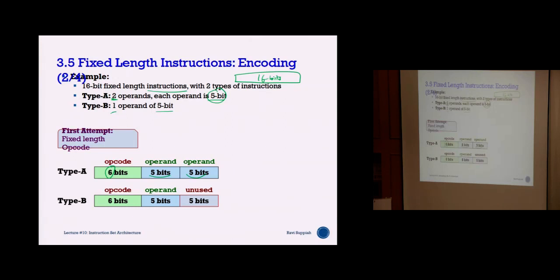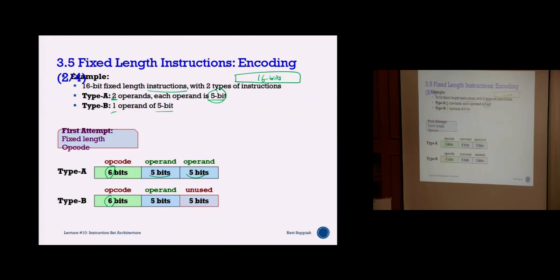Now if I say that this is fixed length, that means all my types of instructions would have the same opcode length, like how you see for MIPS instructions. In MIPS, you have the same bit length reserved for the different types of instructions. So in this case, if type A is 6 bits, type B must also be 6 bits, because it's a fixed length instruction encoding.